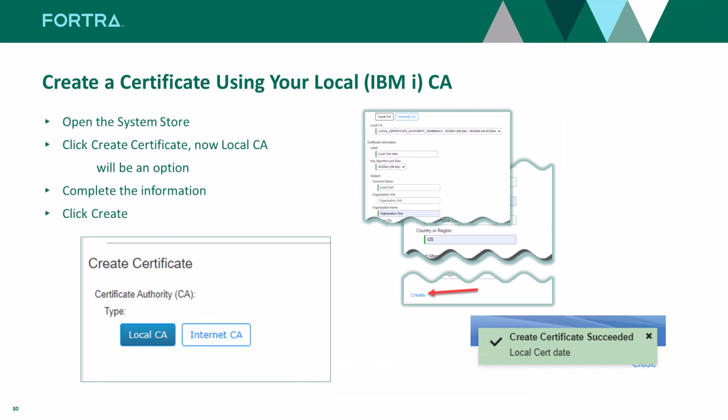Now we'll create a certificate that'll be signed by that local CA. So open your system store, click create a certificate, and now local CA should be an option. Select local CA, complete the information similar to as you did before, and your local cert will be created.